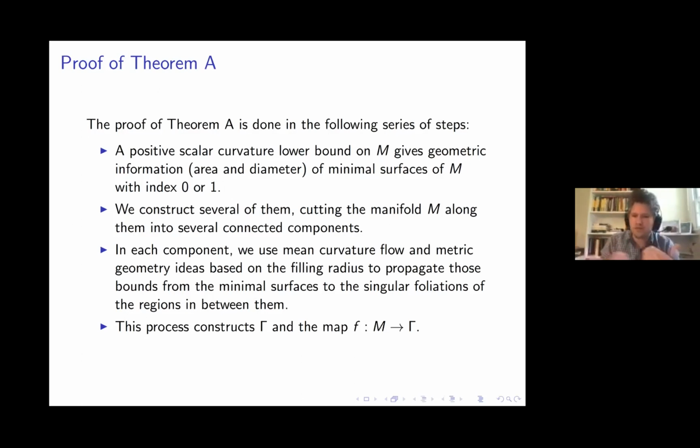So we have to mix it up with these two ideas. But before we dwell into that, that's step 3. I want to tell you a little bit about step 1: why you have the geometric smallness, how this sectional curvature bound propagates to minimal surfaces.